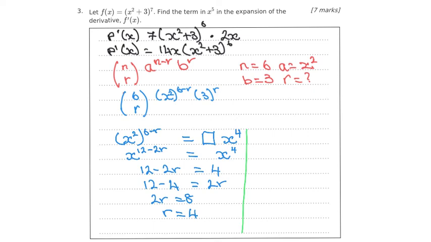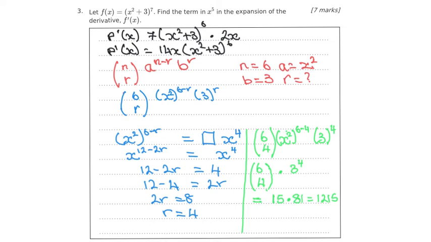Now we can substitute everything back in to get 6 choose 4, x squared to the power of 6 minus 4, 3 to the power of 4. Now we can just take the coefficients part and work them out, which gives you 6 choose 4 times 3 to the power of 4, which is equal to 15 times 81, which gives you 1,215.